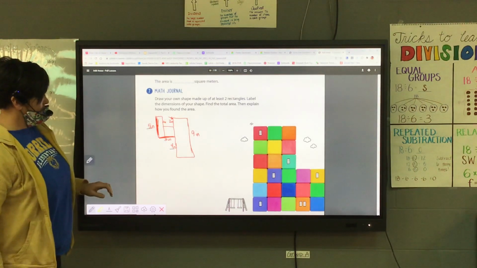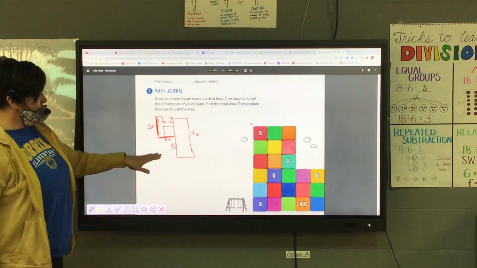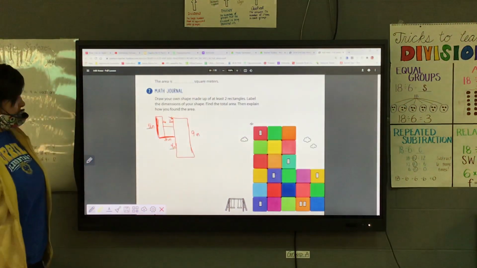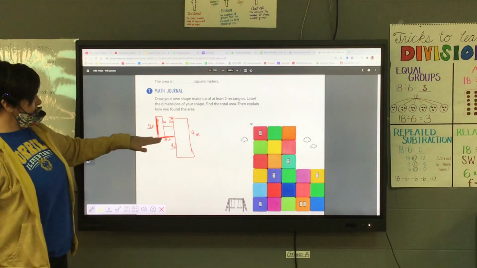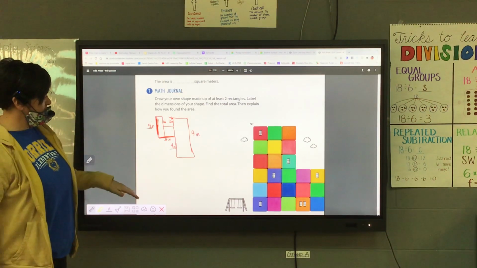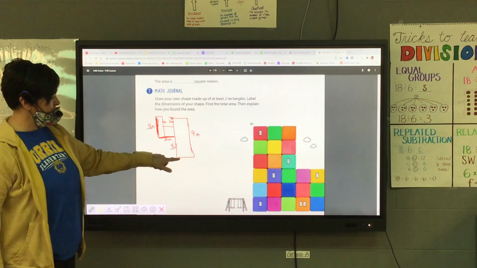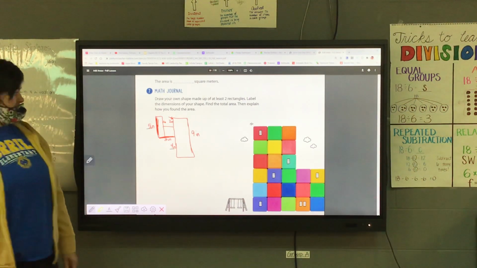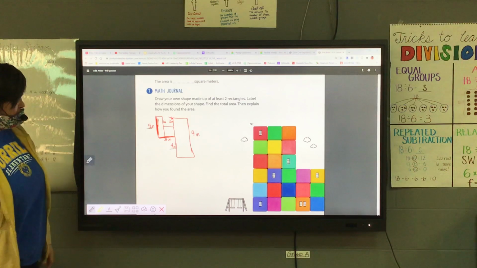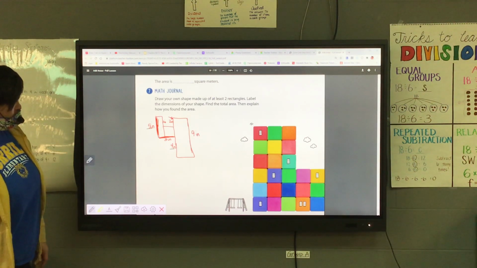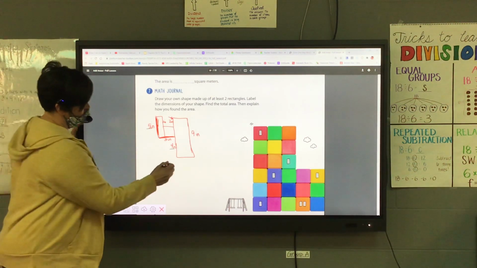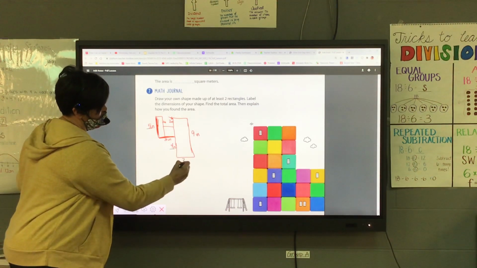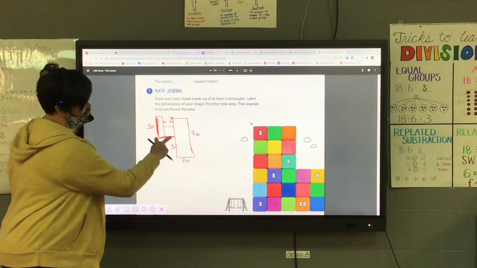Okay. Then, do I have some other parts I need to label measurements on? Yes, I do. If this is 3 inches, what's this going to have to be? What do you think? It doesn't look like the... Close. Should I say it's 3 inches? It's similar to that.